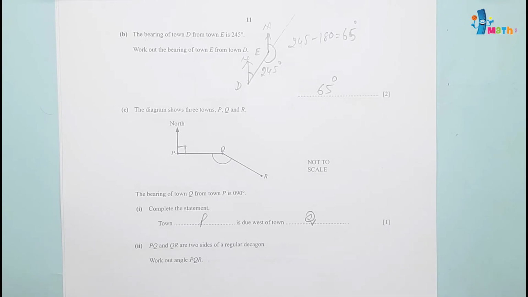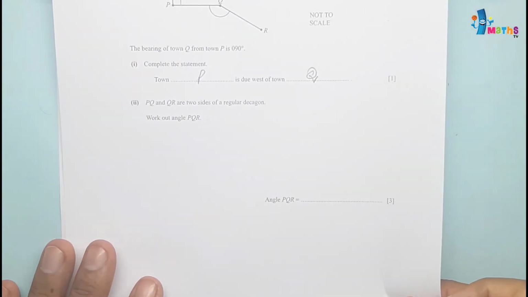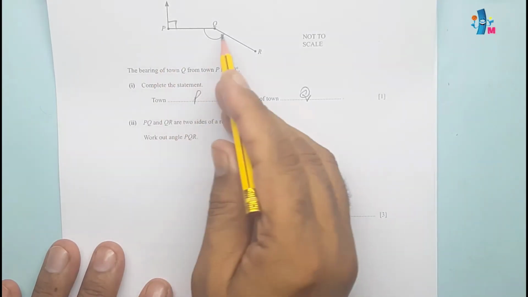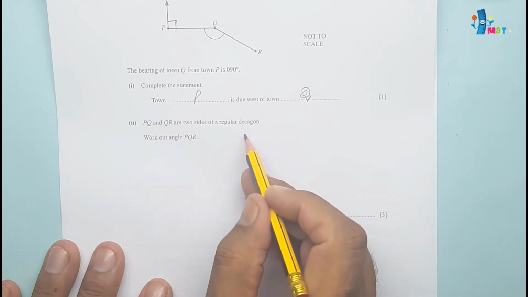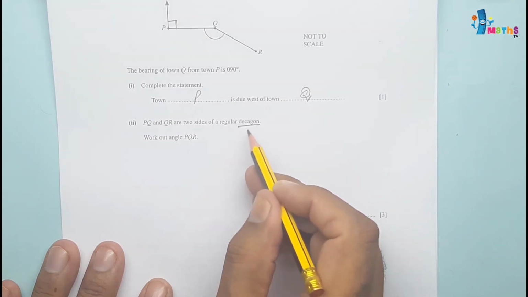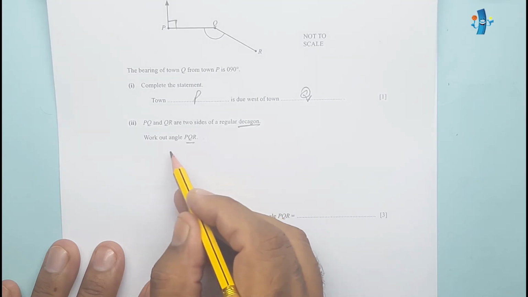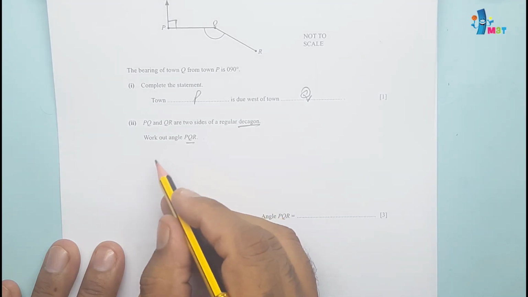This statement is complete. Then they are saying PQ and QR are two sides of the regular decagon. Work out PQR. We have to calculate this angle.